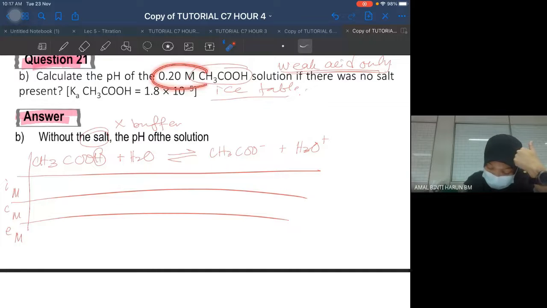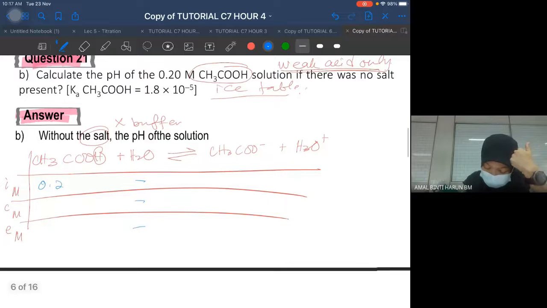Initially the concentration of weak acid is 0.2 molar and water is not included in the Ka expression. So kita dashkanlah semua. So before dissociate, it will be 0, 0. And change by minus x, decrease by x, increase by x, increase by x. You put dia punya stoichiometric coefficient. After that, the equilibrium concentration would be 0.2 minus x, x.